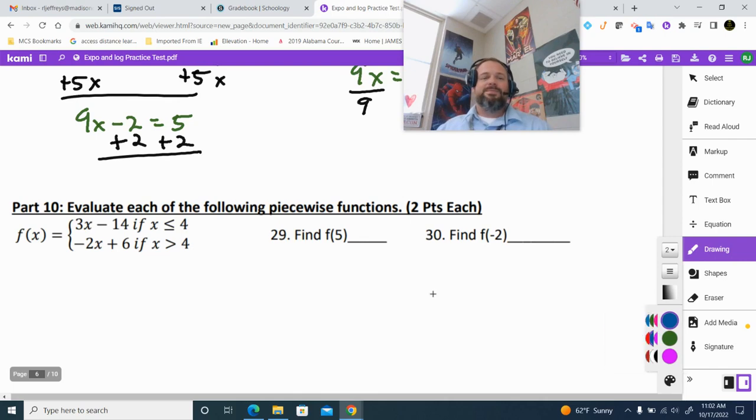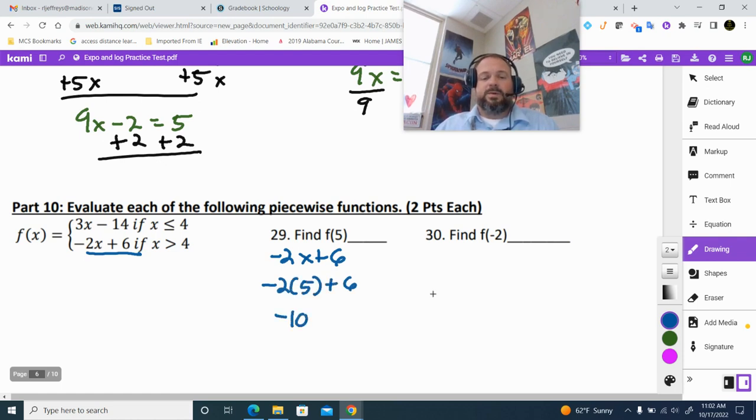So on this one right here, here are our two situations. Find f of 5. Is 5 less than or equal to 4 or greater than 4? So we're going to use this one. This is a calculator problem. Or for those that don't know how to use your calculator, that's a bigger problem than that. So this is -4.